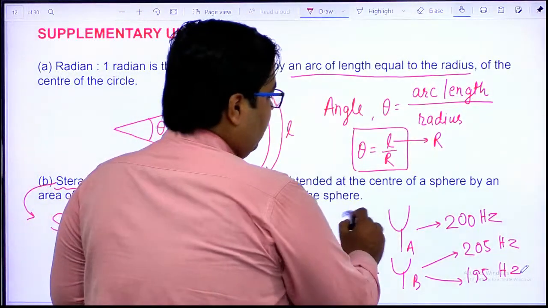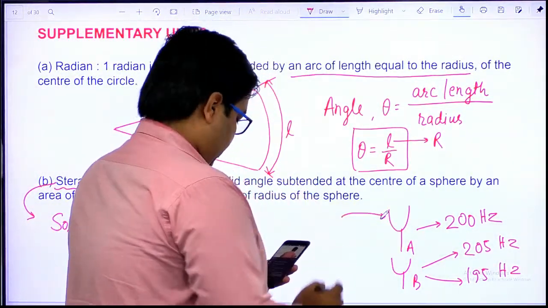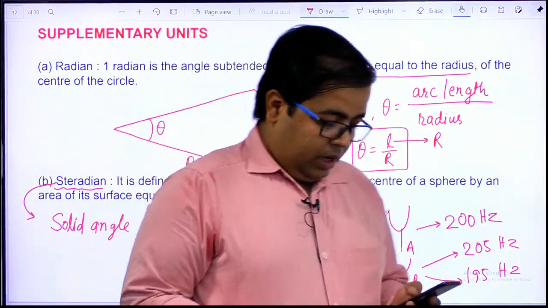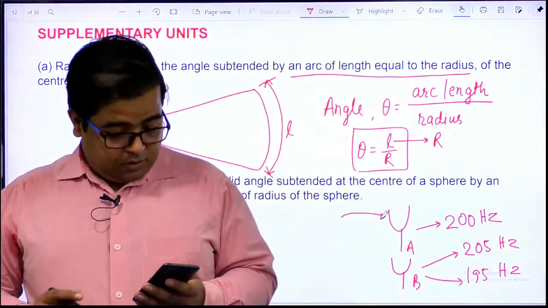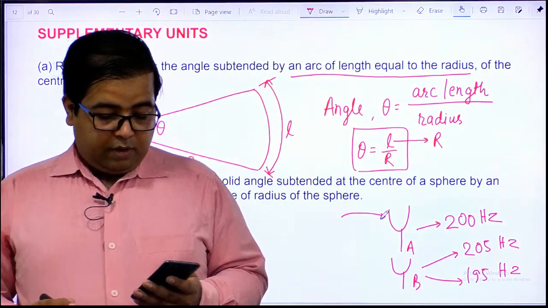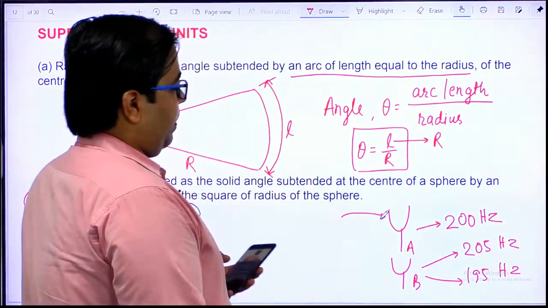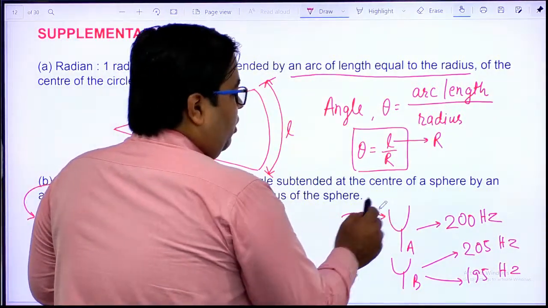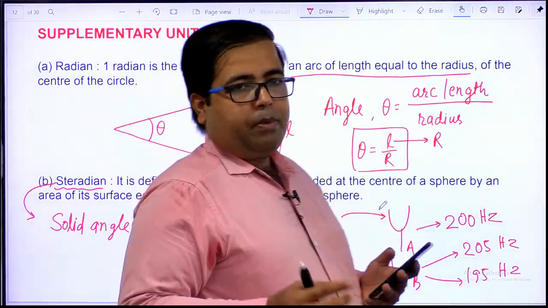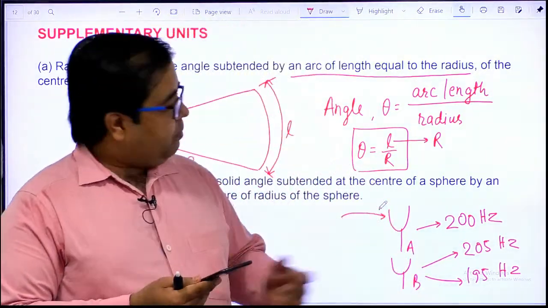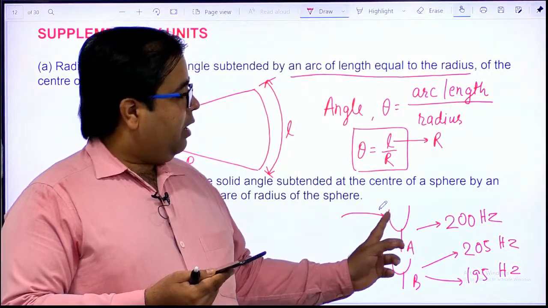Actually, we put wax on A, and the number of beats increases to 8. When you put wax, the prongs of A get heavy.